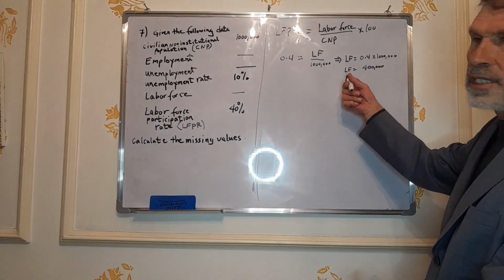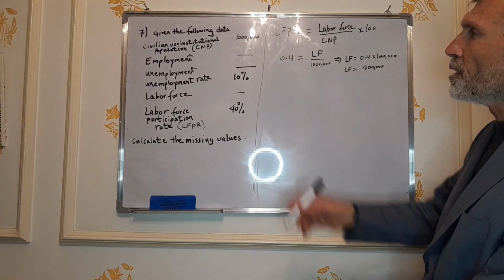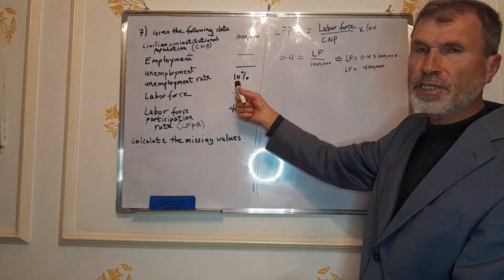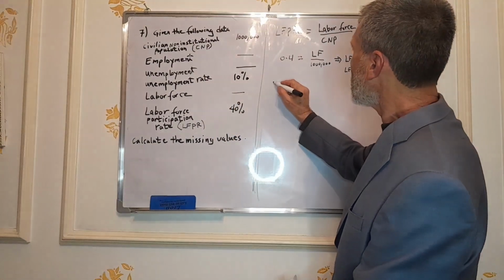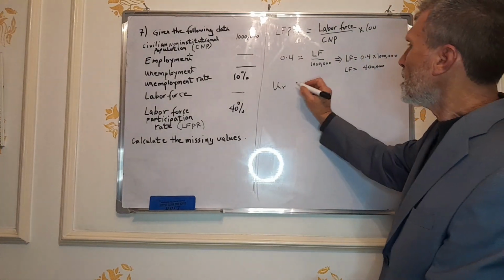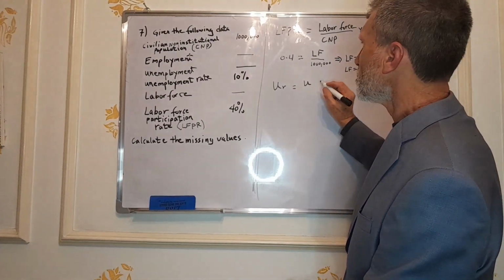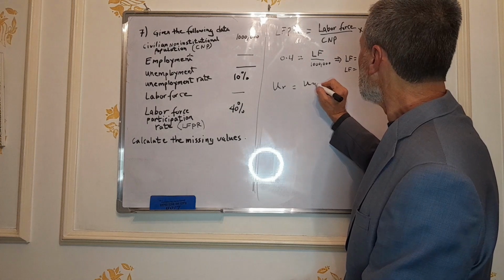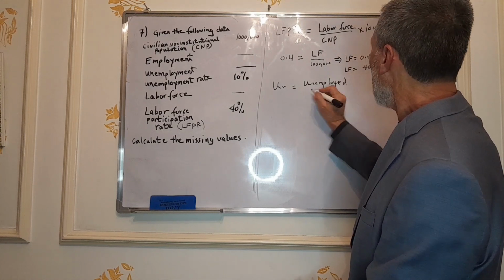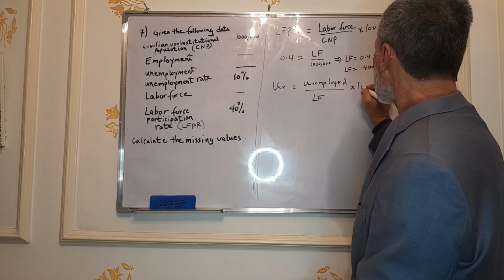Now, once we get the labor force, we can compute other missing values. The unemployment rate is 10%. The unemployment rate, which we denote by UR, is equal to unemployed over labor force, LF, times 100.